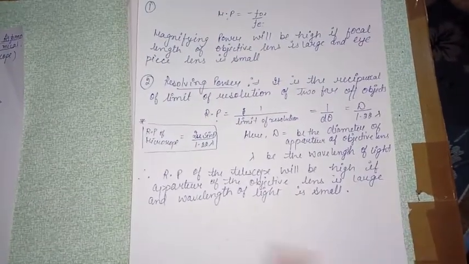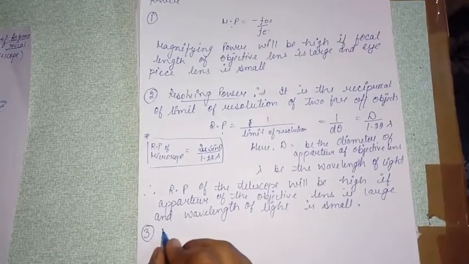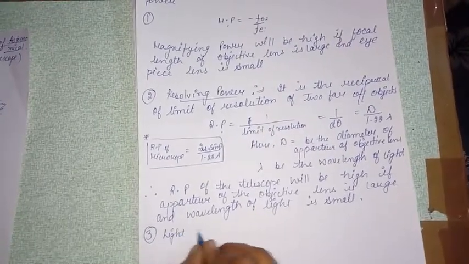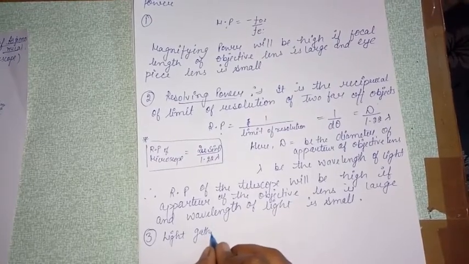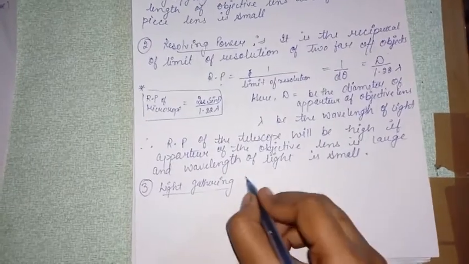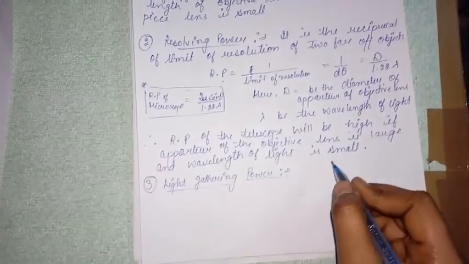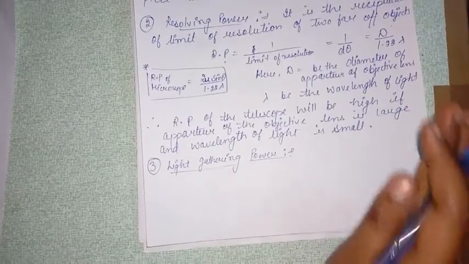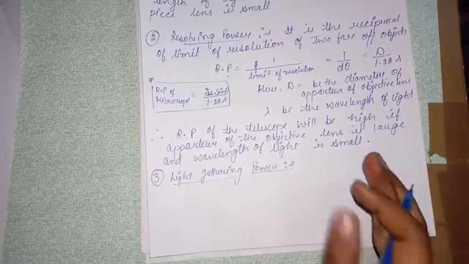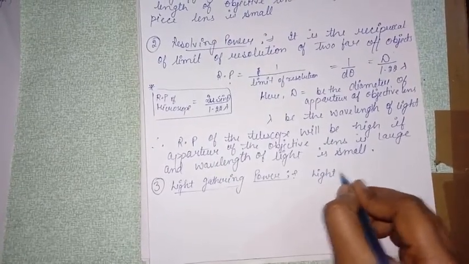Now the last condition for a good telescope is light gathering power. Light gathering power is directly proportional to the area of the objective lens.